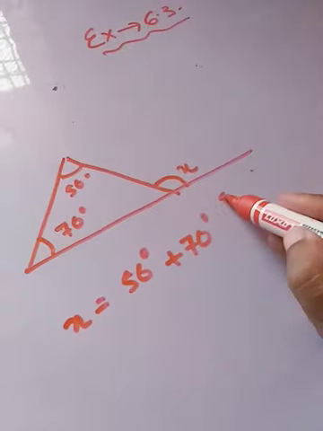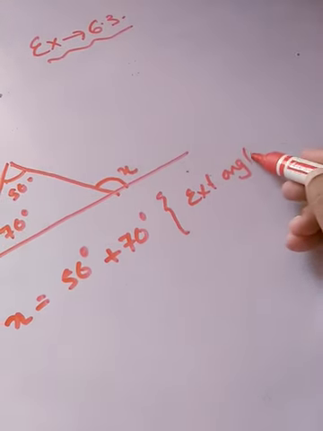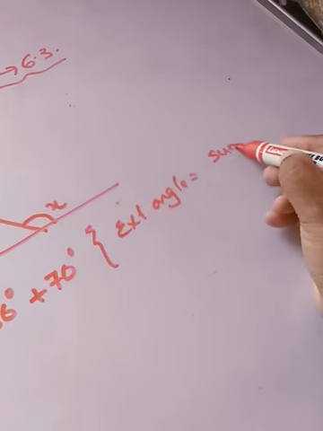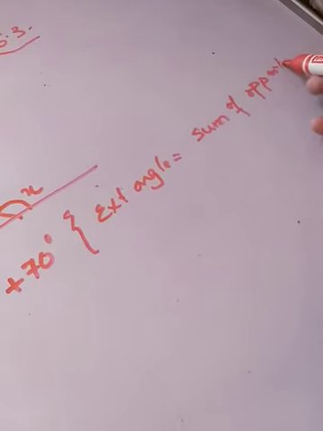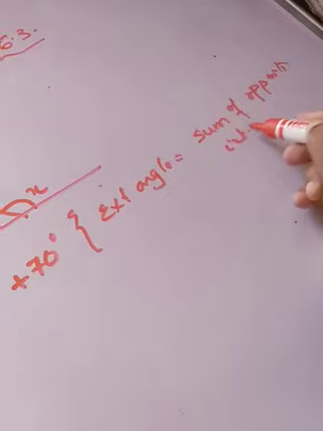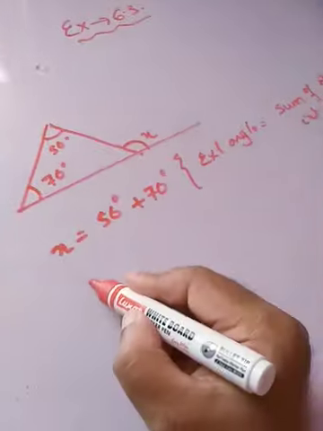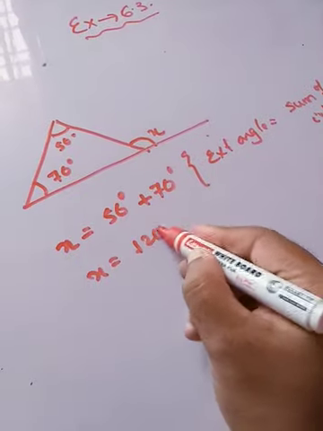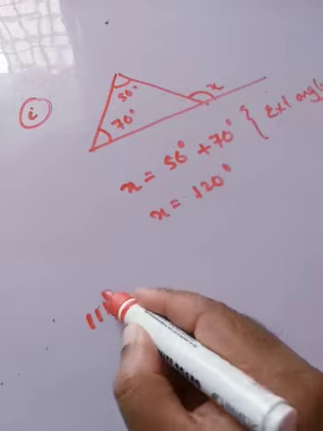Now you have to write the reason for each case. That is, exterior angle is equal to sum of opposite interior angle. Now this property you have to write. Now what is the value of x then? 120 degrees. Simple, isn't it? So number 1 is done.